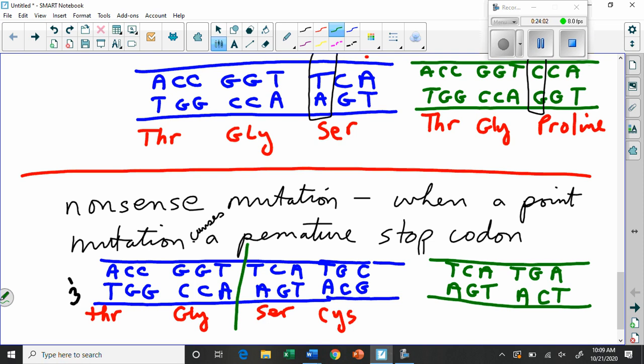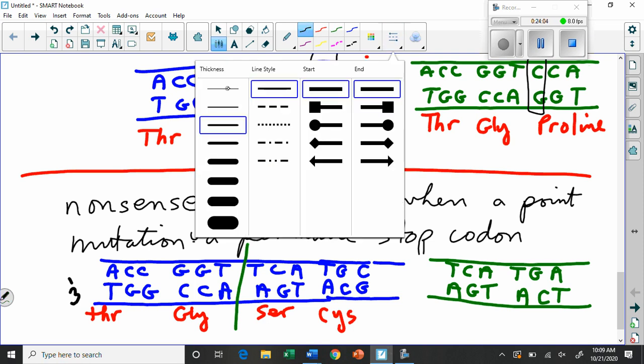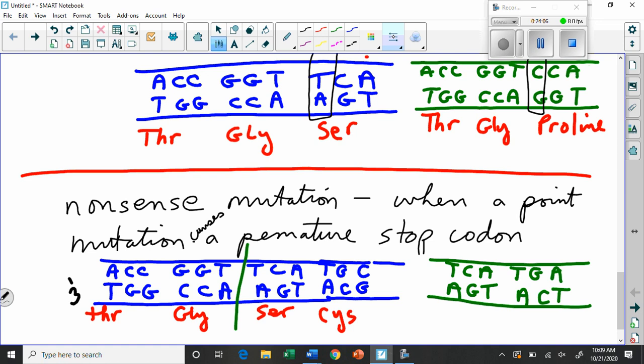So there's the mutation. This last little code here has been changed. And then ACT on the bottom, if you think about the RNA version of that, it would be building a UGA. And if you go back, you'll find that UGA is a stop code. So UGA actually spells stop.